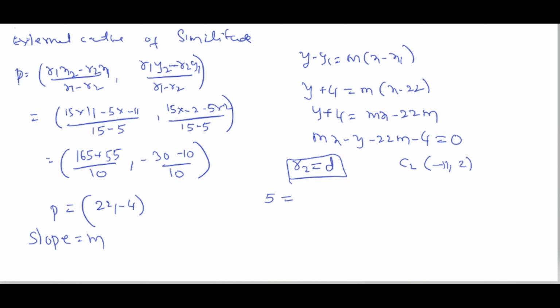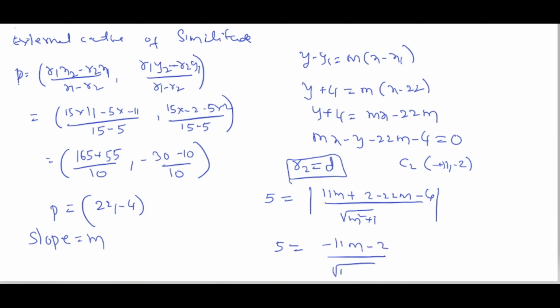Therefore 5 is equal to modulus of (11m minus 2 minus 22m minus 4) by under root of m square plus 1. So 5 is equal to 11m minus 22m, that is minus 11m, 2 minus 4, that is minus 2, by under root of m square plus 1.